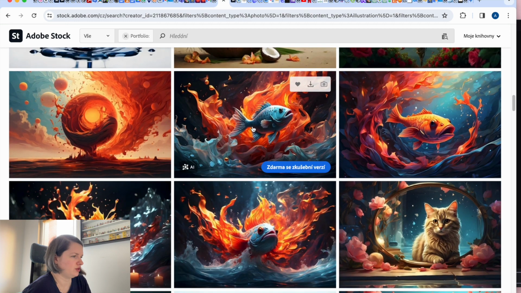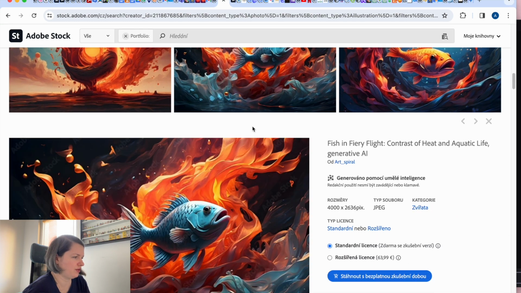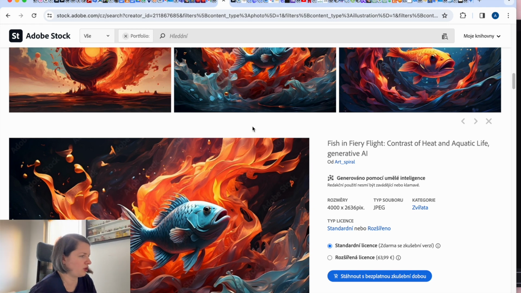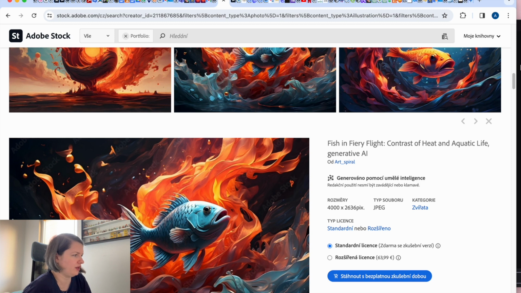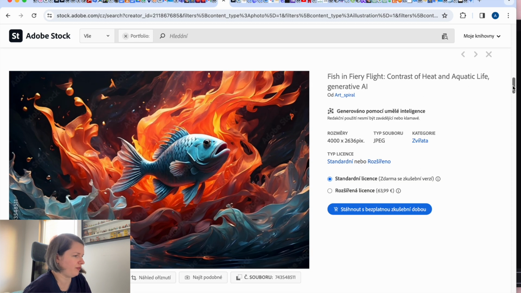Let's look at the fish. Fish in a fiery flight. Contrast of heat and aquatic life, generative AI. Okay, so I don't see fire. The fire part also looks liquidy to me.